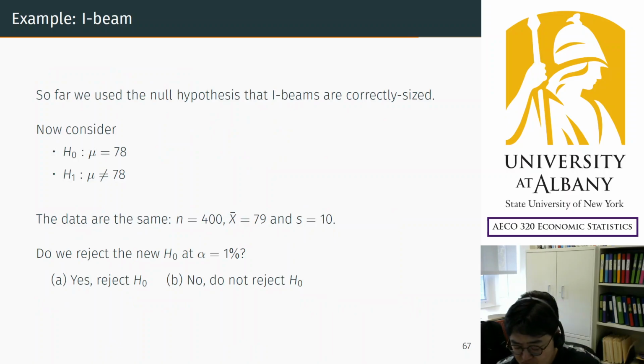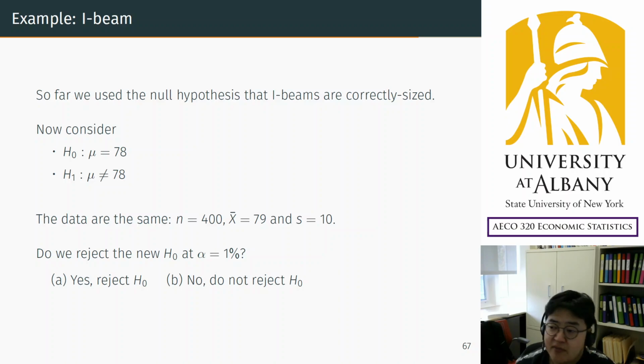Now, what I'm going to do here is change the null hypothesis. Suppose that I am the inspector and I obtained some insider information. A whistleblower told me that they are making slightly smaller I-beams.